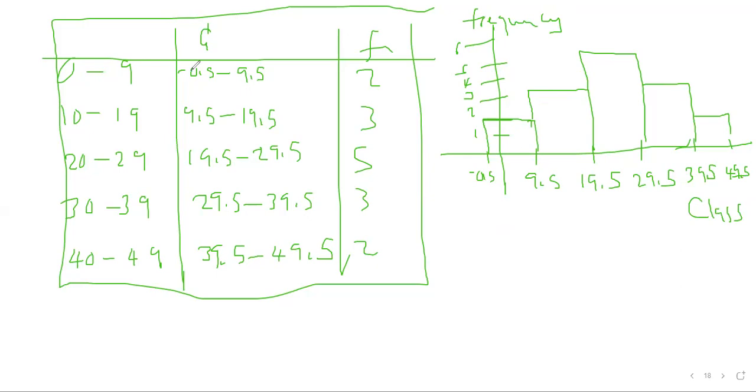So what you can see there is simply 0.5 to 9.5, 9.5 to 19.5. We're just using these figures against the frequencies. You also put your title there as histogram. So this is how you draw the histogram.